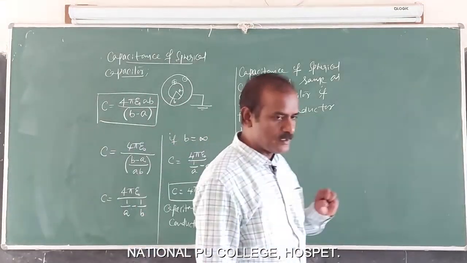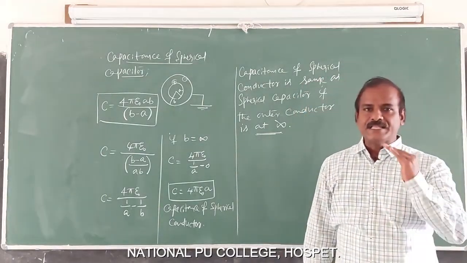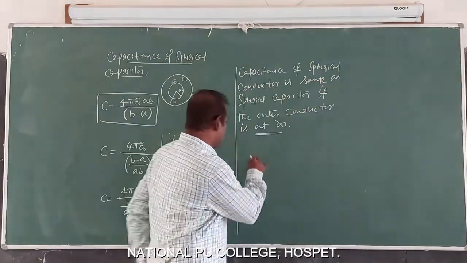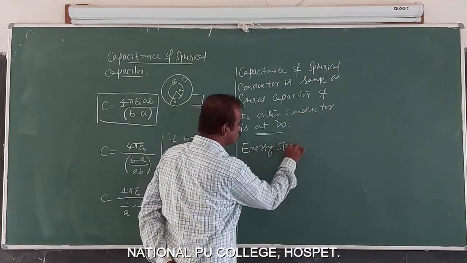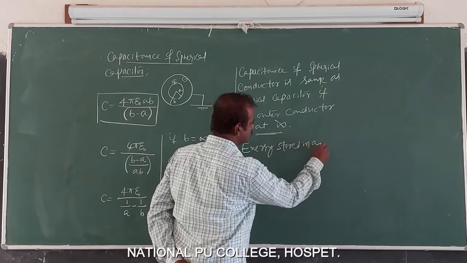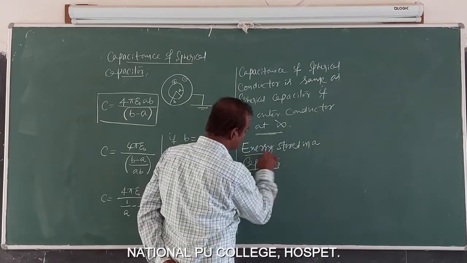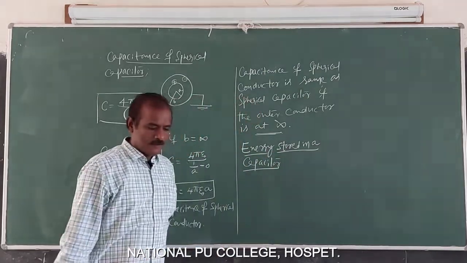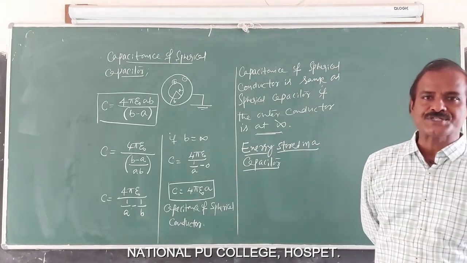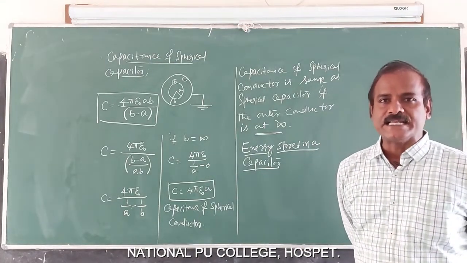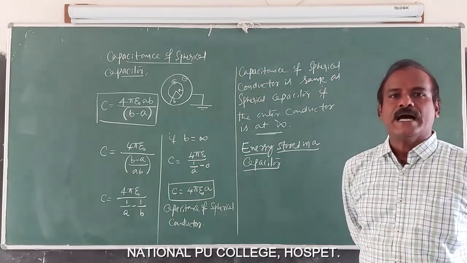Well, now we proceed further to discuss energy stored in a capacitor. As we all know, a capacitor is a device used to store electric charges and hence electrical energy.